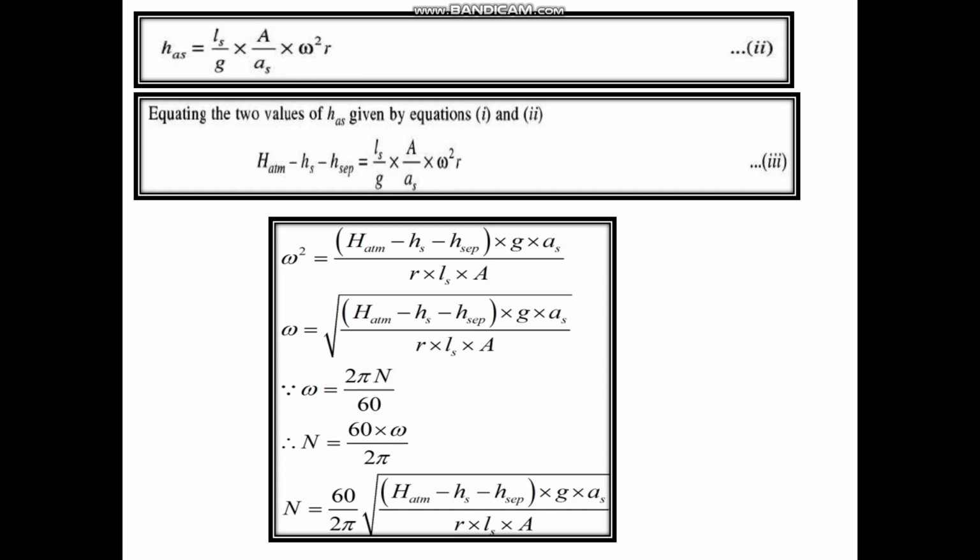So N can be written as 60 omega upon 2 pi. From this equation, omega can be replaced by this value, and finally we will get the maximum speed of the reciprocating pump in the suction stroke, which depends on suction head, the cross sectional area of the suction pipe, length of suction pipe, cross sectional area of the cylinder, crank radius, and separation pressure head.